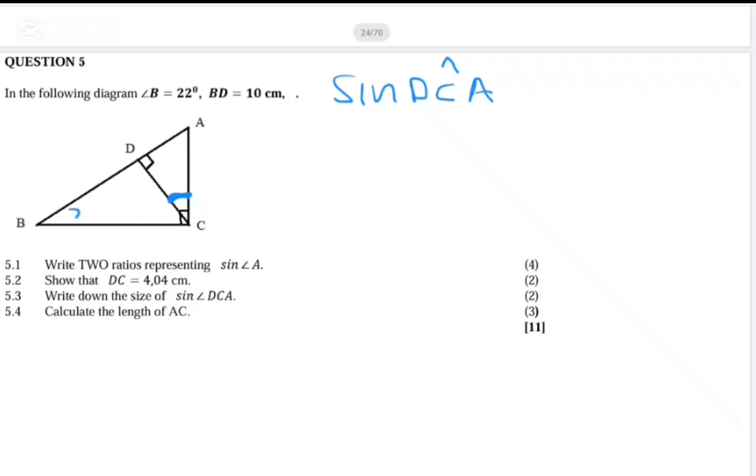Remember, here we have 22 degrees. And how can we find this angle actually? There are a lot of ways that we can use, but the one I can suggest is to make use of our Euclidean geometry knowledge.